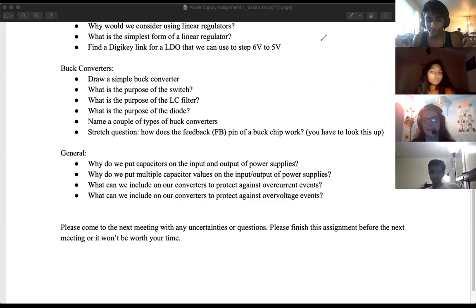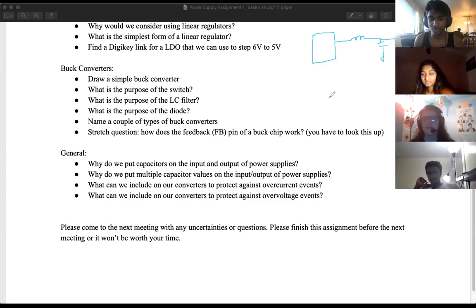Basically, there's a feedback pin that does the same thing no matter what output voltage we choose, and it does it in a pretty clever way, in my opinion. So let's say we have our buck chip, and then our inductor, then some capacitance, then ground, and then your load.